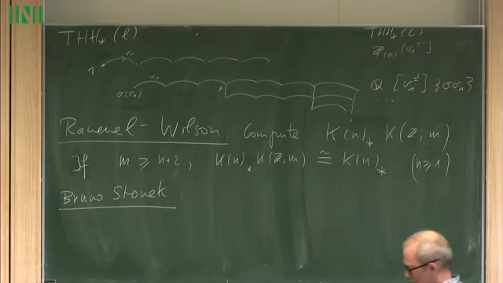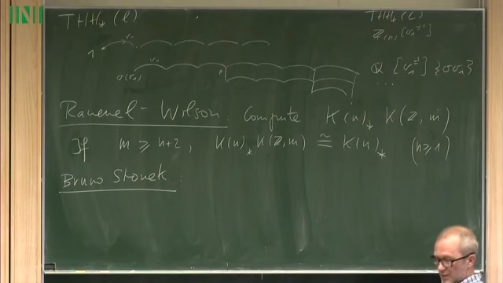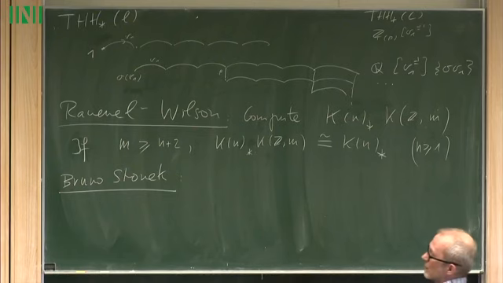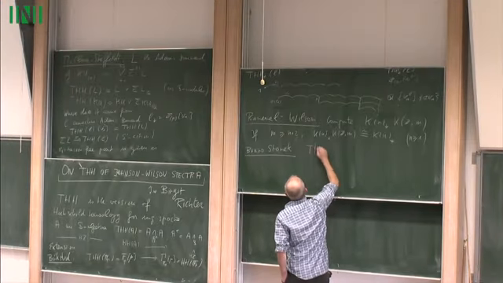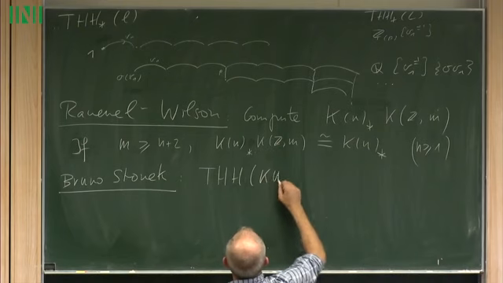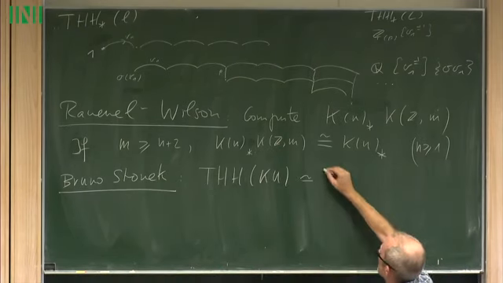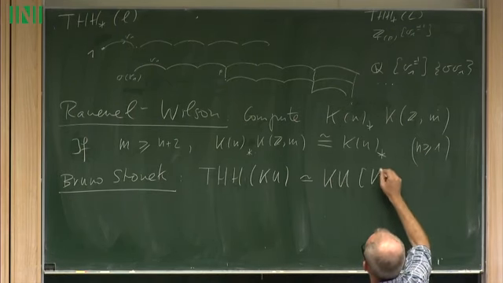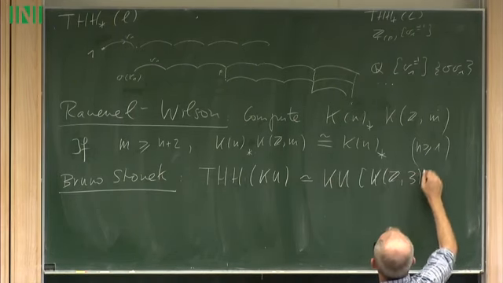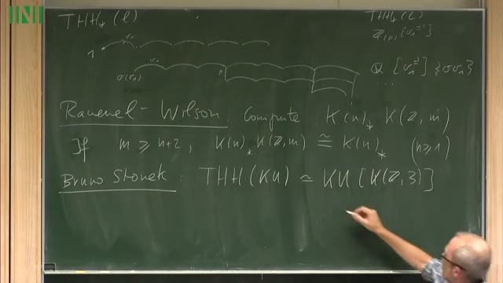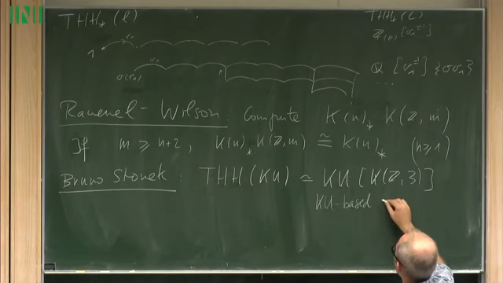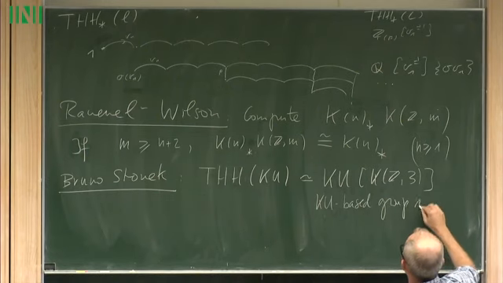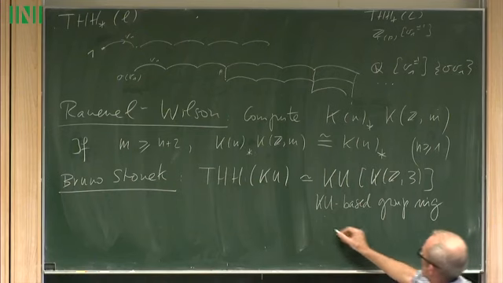So he studied quite generally what the tensor in the category of KU commutative algebras with finite spaces is, and he got the formula for THH of KU, this time as commutative KU algebras. Well, this is the group ring, if you want, KU based, of the group.